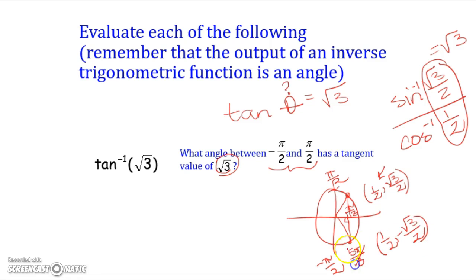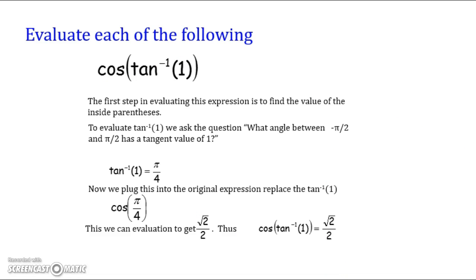That knocks 5 pi over 3 out of the running, even though it's in this interval. So the tangent inverse of square root of 3 has to be pi over 3. That's the only angle measure on that interval where tangent could have been the square root of 3. So you can see it's identical to the work that we did for sine and cosine.